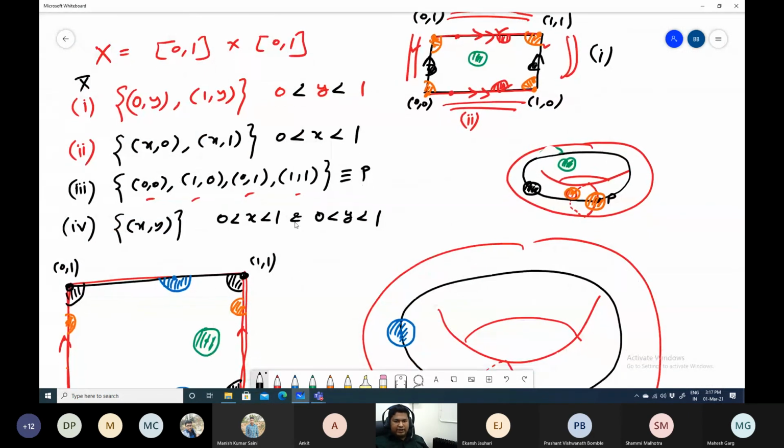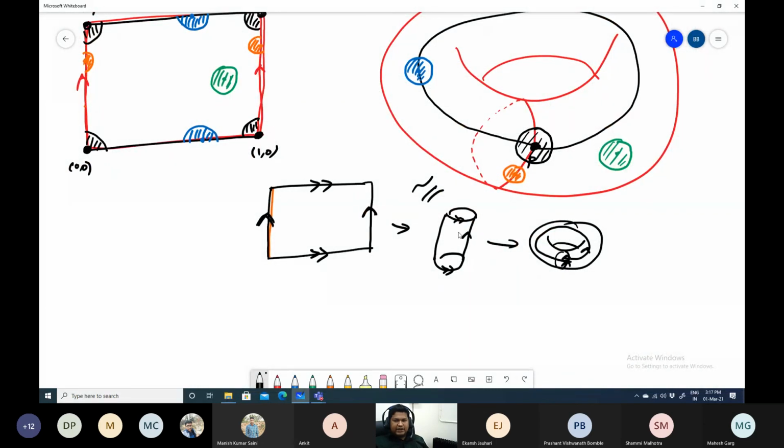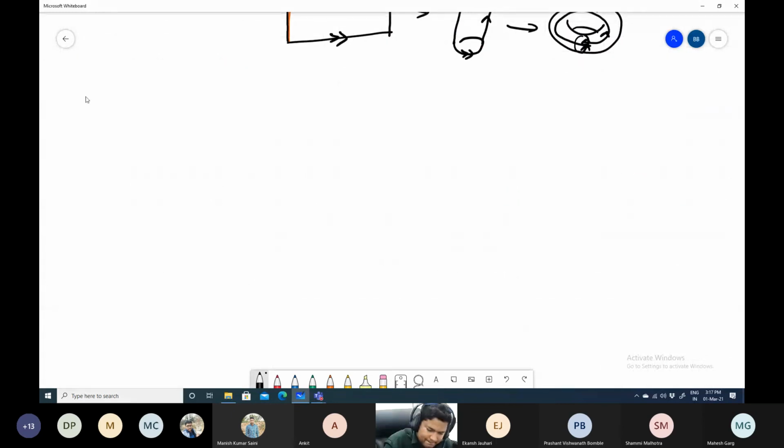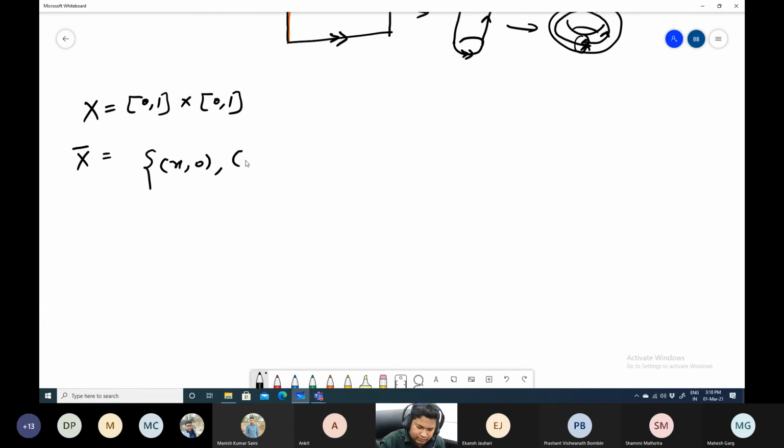तो और एक हम कर सकते हैं कि पहले हम सिलेंडर बनाएंगे, देन ऐसे ऐसे आइडेंटिफाई नहीं करेंगे, इसके रिवर्स डायरेक्शन में आइडेंटिफाई करेंगे। इसका मतलब x इक्वल टू 0 1 क्रॉस 0 1 and x bar is a collection of x cross 0, say x cross 1, and say this one is like a Mobius strip, that is 0 comma y is 1 comma 1 minus y.